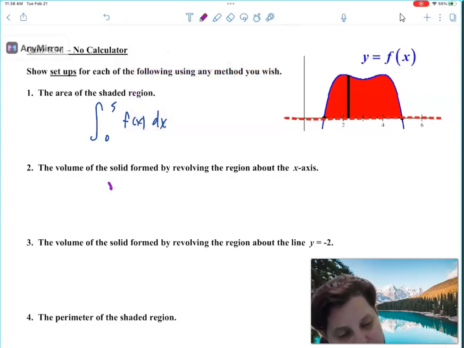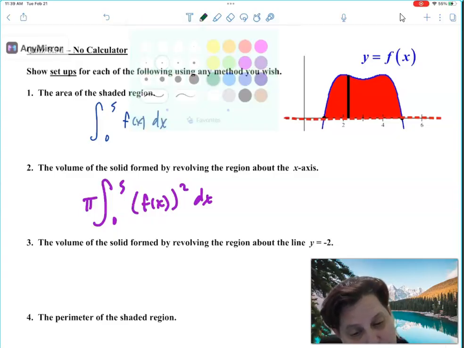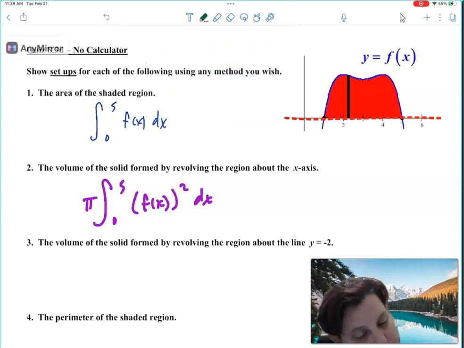So that volume is going to be 0 to 5, and if I'm rotating around, it's pi r squared, and that's f of x. That's the radius. Okay? The volume of the solid formed by the region along the line y equals -2. Okay, that's the line y equals -2.